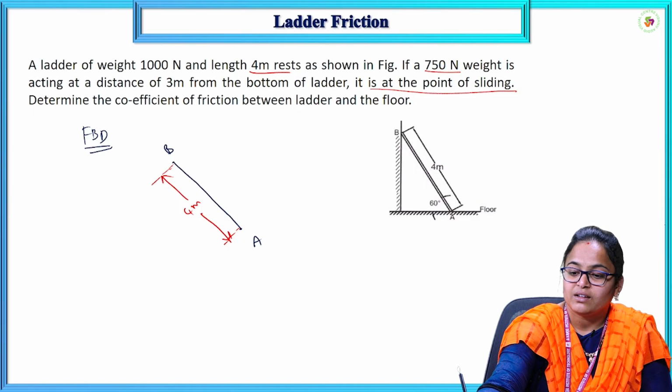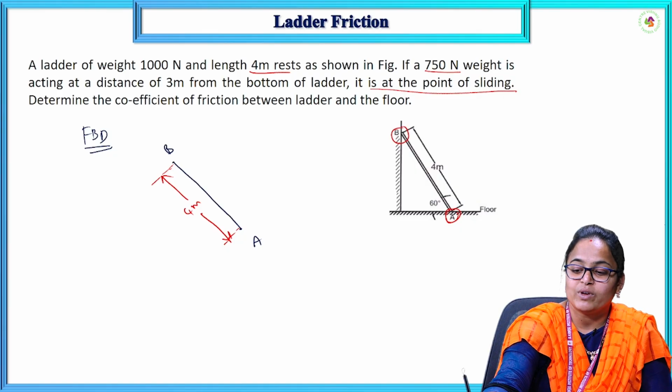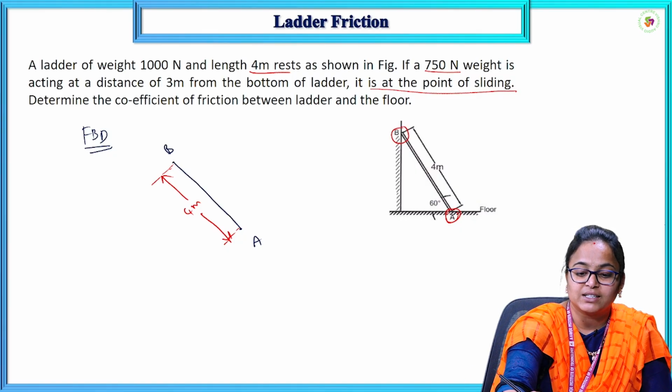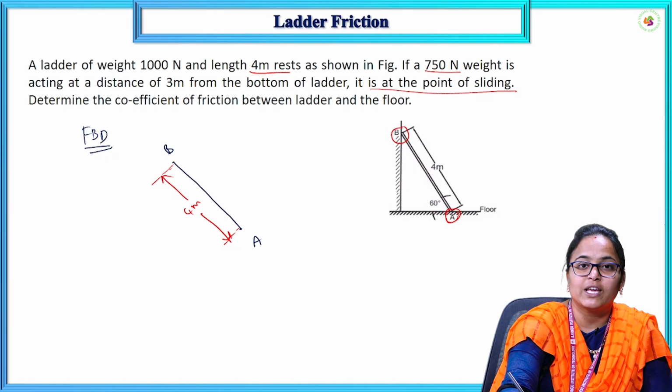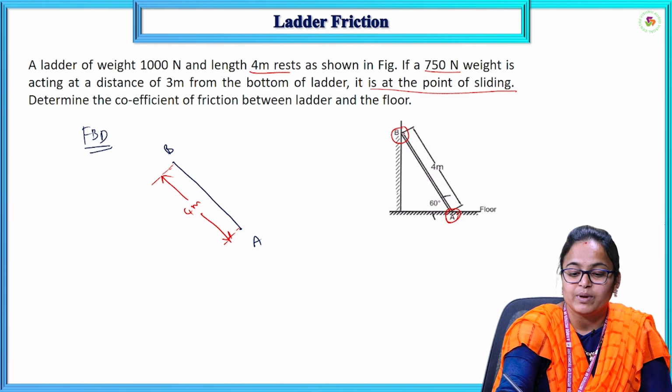We are removing the contact surfaces from the ladder. That is, the floor is contacting at point A and the wall is contacting at point B. So, we are removing the floor and the wall from the ladder. Now, we have to keep the reactions: a normal reaction at A and a normal reaction at B.